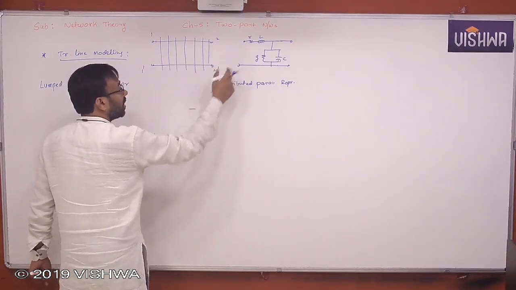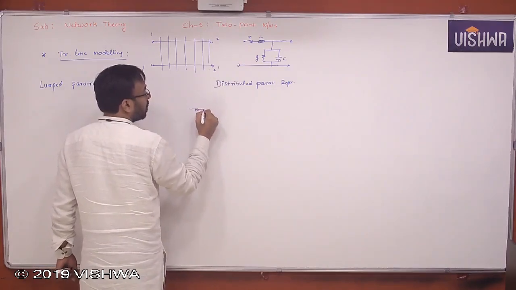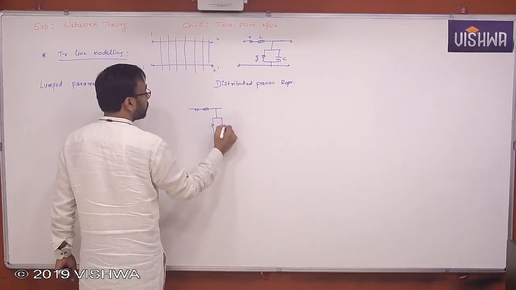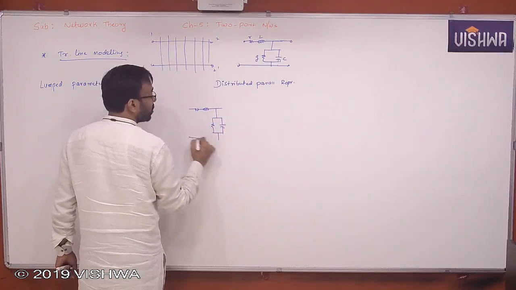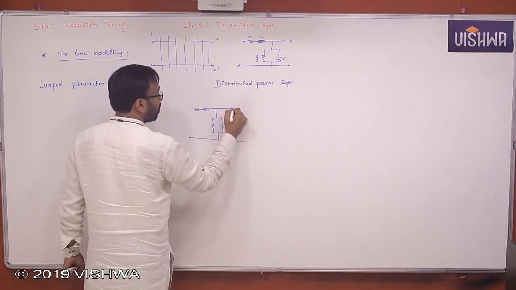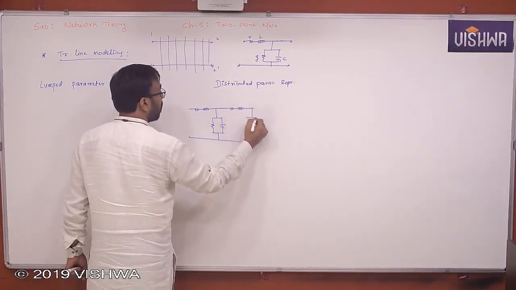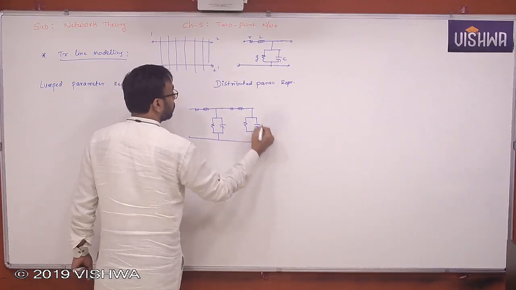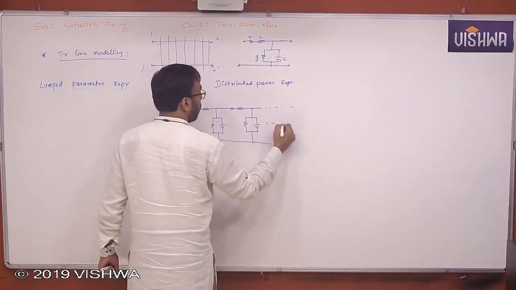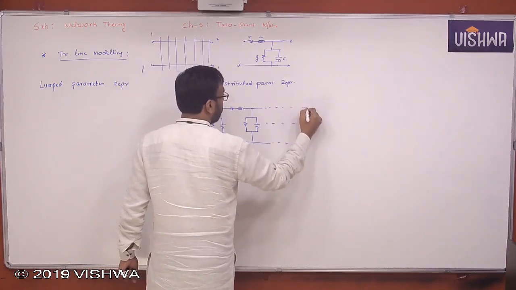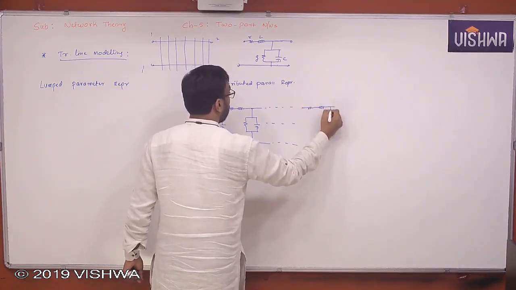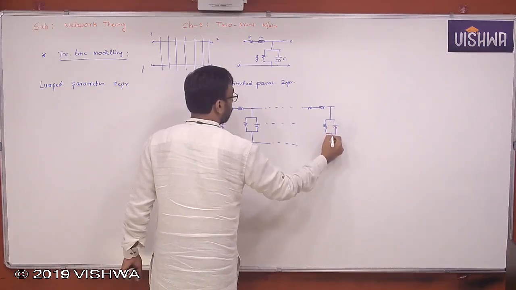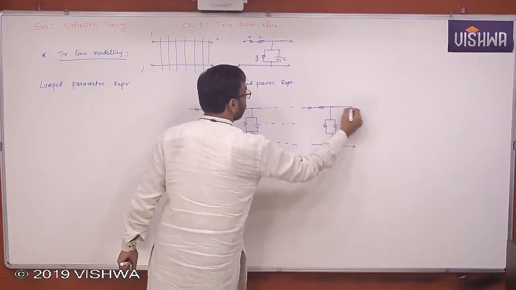That can be modeled like this. Now this is one small section, and this is another small section. Yes or no? And so on, and so on.